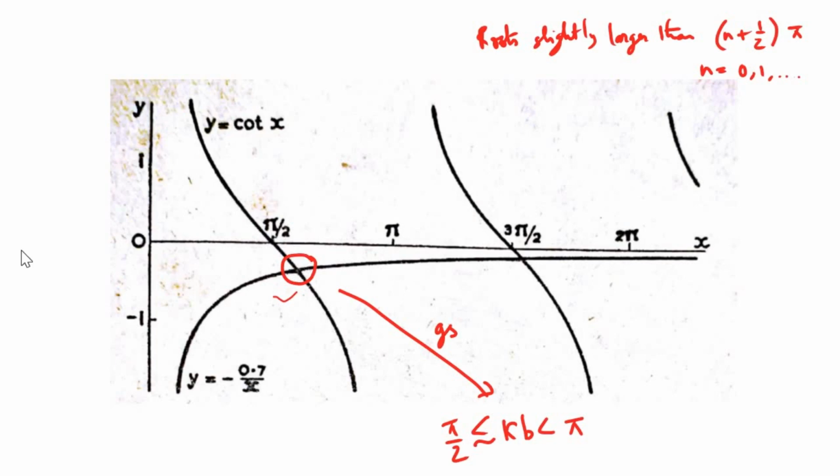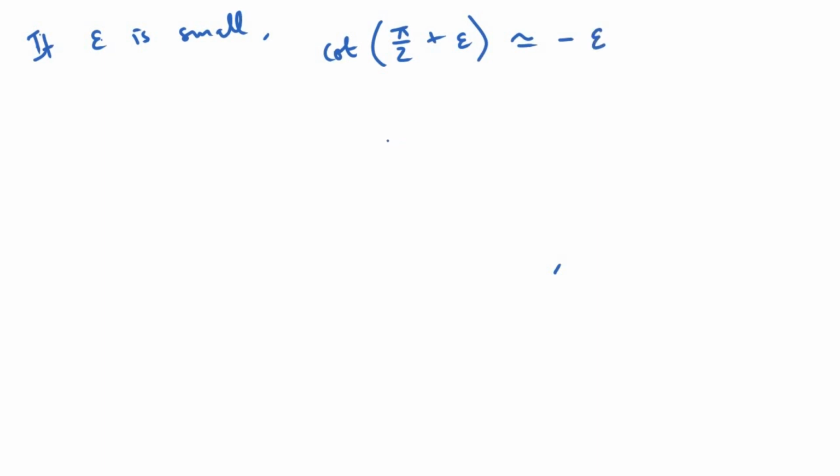Now let me put alpha very small and see what happens. So if alpha is small, then your cot of pi by 2 plus epsilon is approximately minus epsilon, and this means that epsilon will be equal to 2 alpha b by pi.